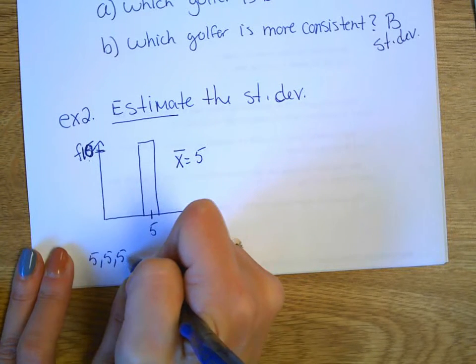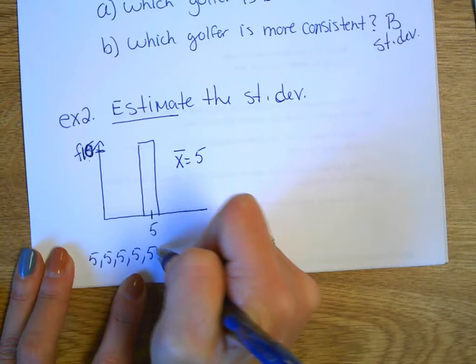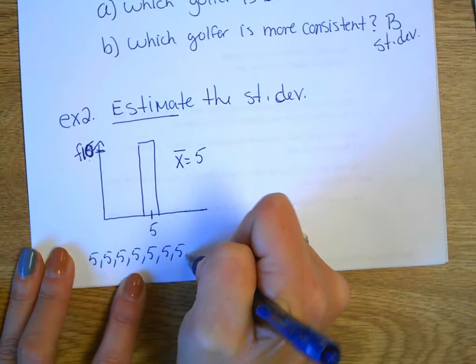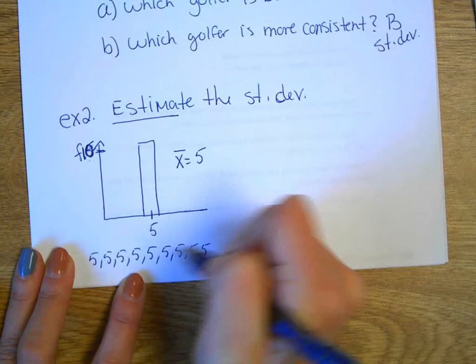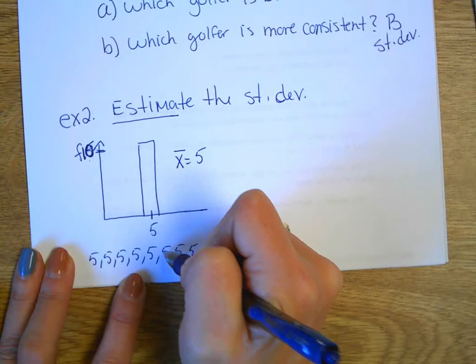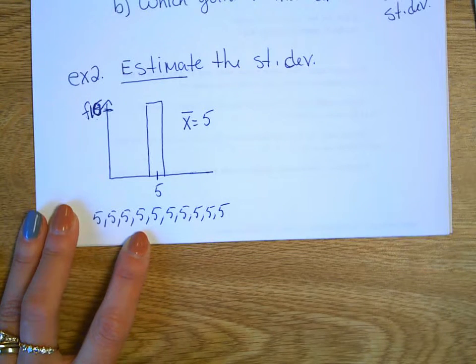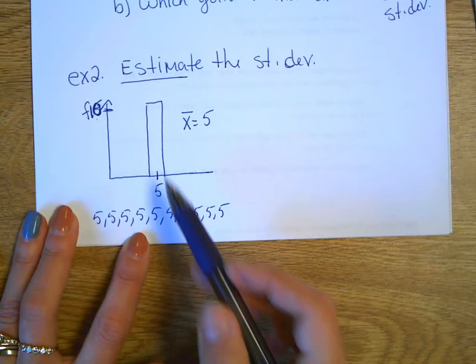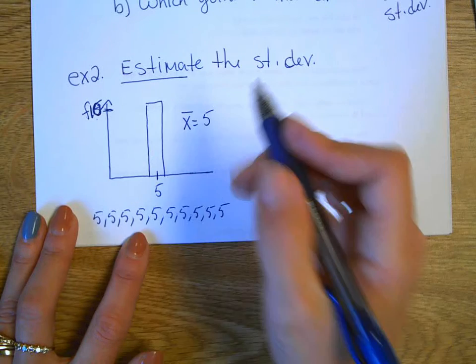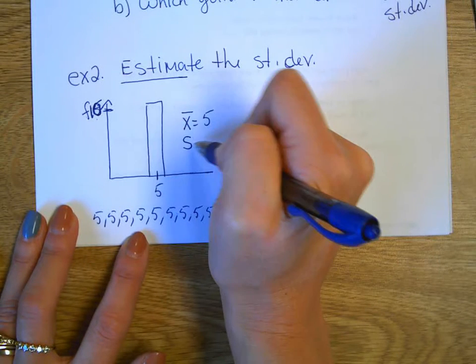Okay, I've got 10 5s, and I made a histogram of it. That's what it would look like. What's the standard deviation here?